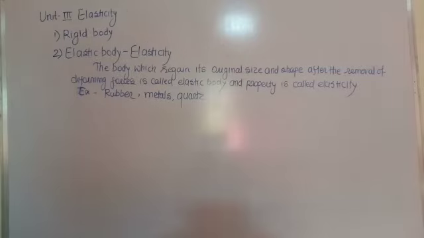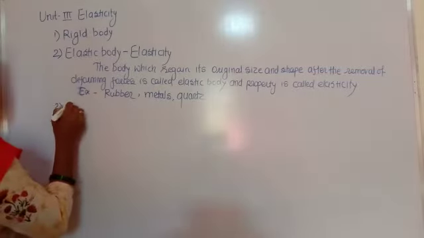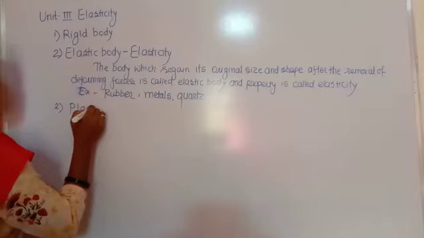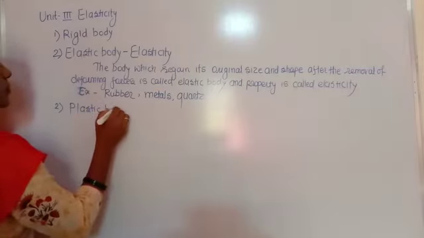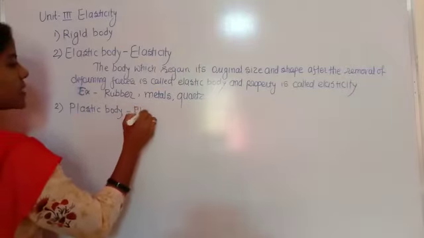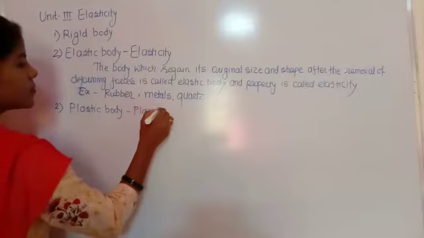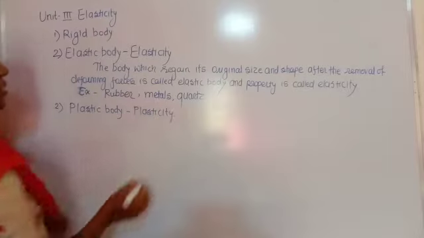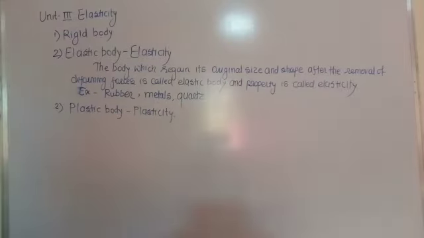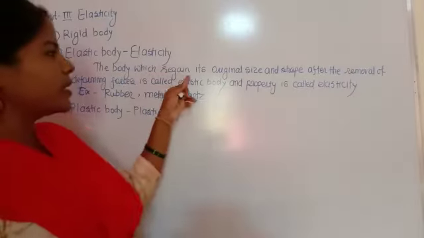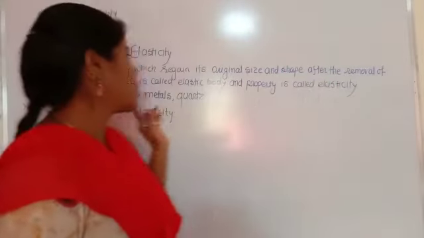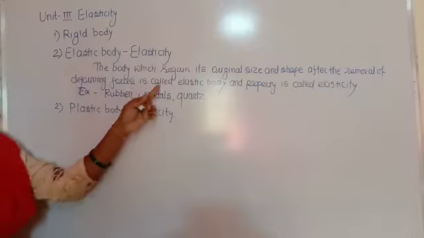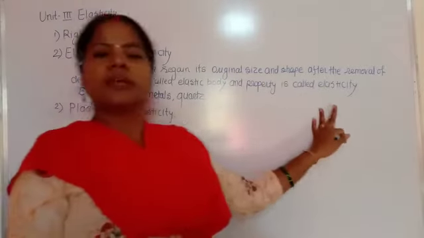Then the next definition is the plastic body and plasticity. This is exactly opposite to the elastic body. The body which cannot regain its original size and shape after the removal of deforming forces is called the plastic body, and the property is called plasticity.